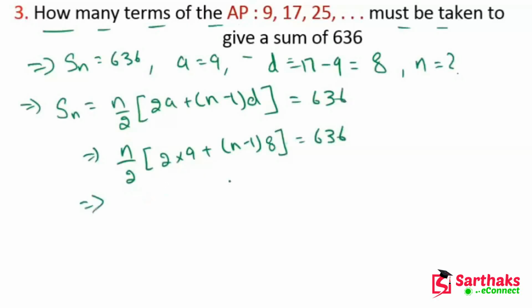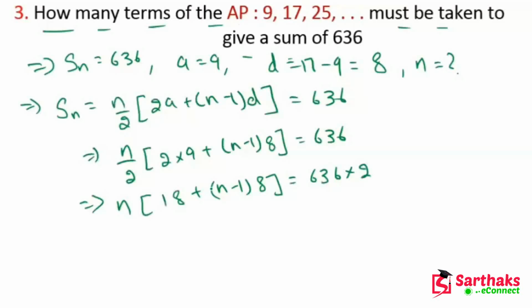Now we shift 2 to the RHS. Now it will give 18 plus (n minus 1) into 8, which is equal to 636 into 2.